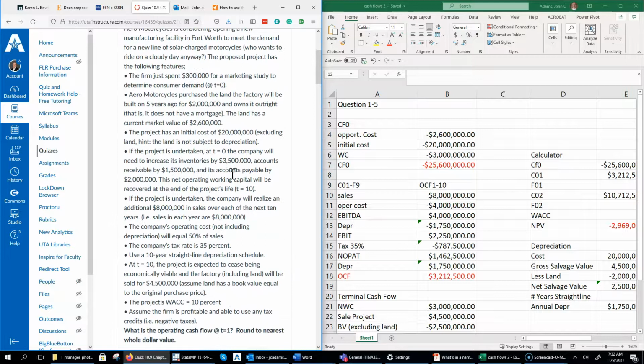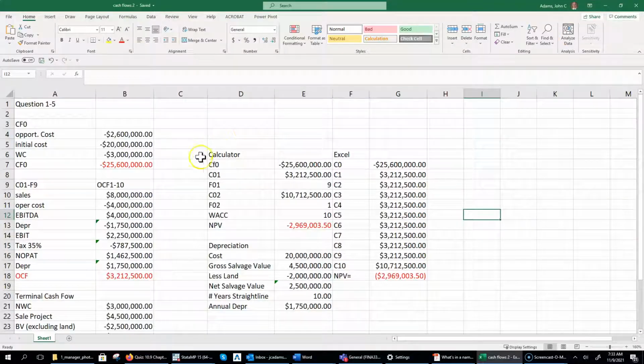So let's hop right in. I've got this here in Excel. Let's first start with the cash flows at time zero, our CF0 in our financial calculator lingo. We have an opportunity cost of $2.6 million. We have the initial cost of $20 million.